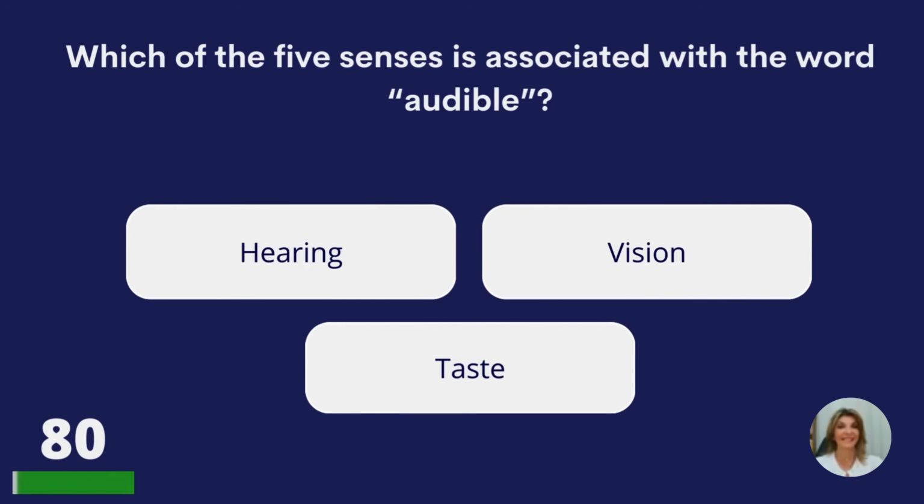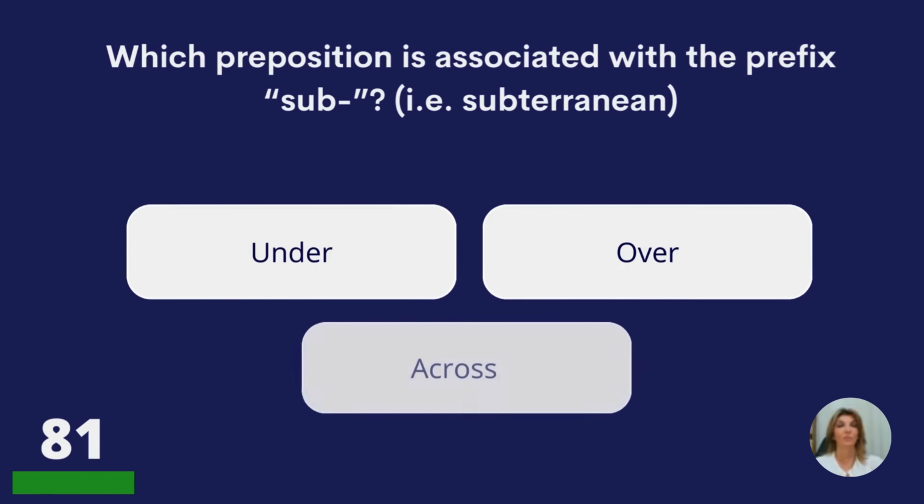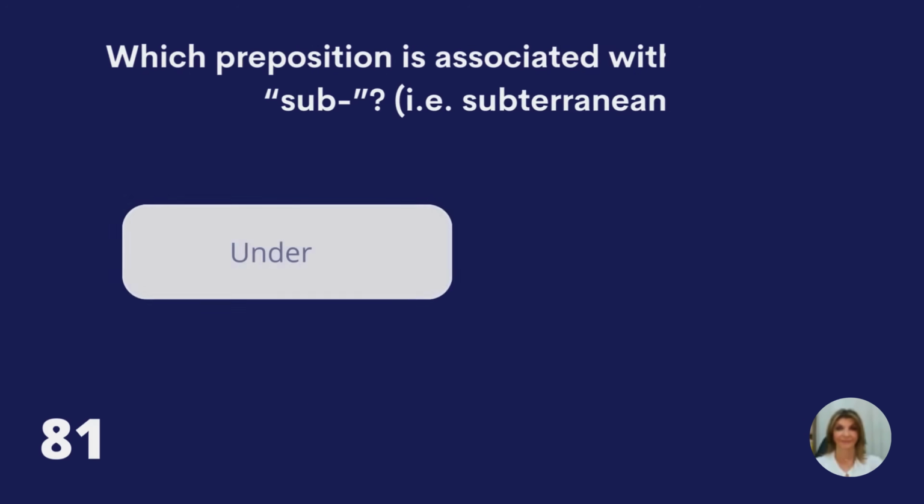Which of the five senses is associated with the word audible? Hearing, vision, or taste? Hearing. Which preposition is associated with the prefix sub, for example, subterranean? Under, over, or across? Under.